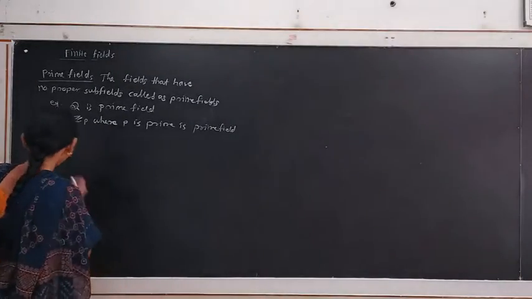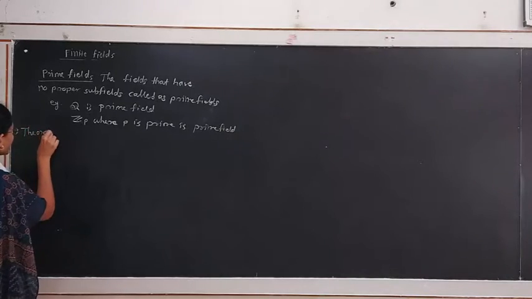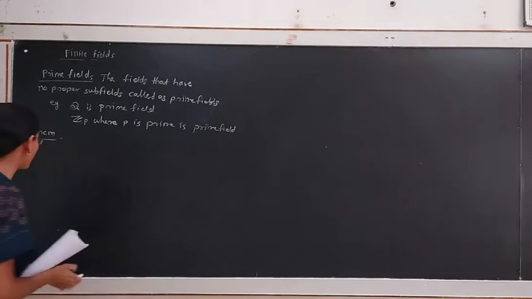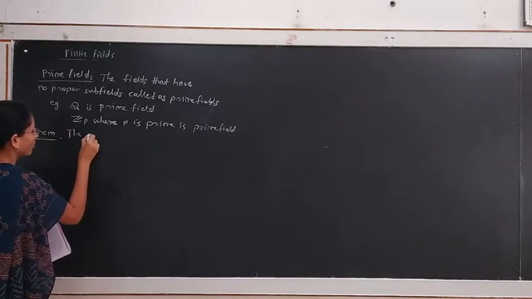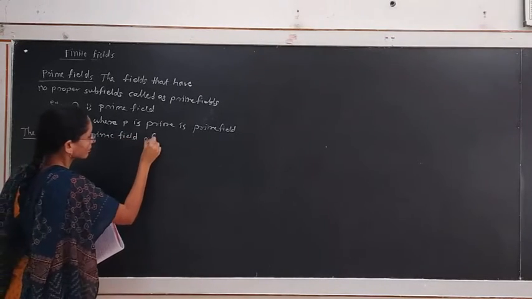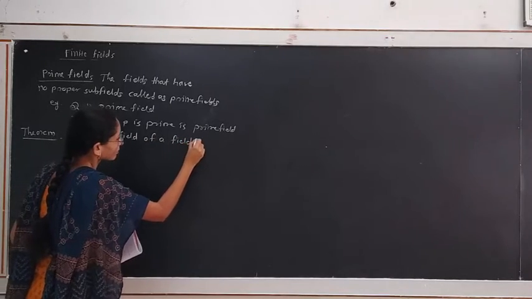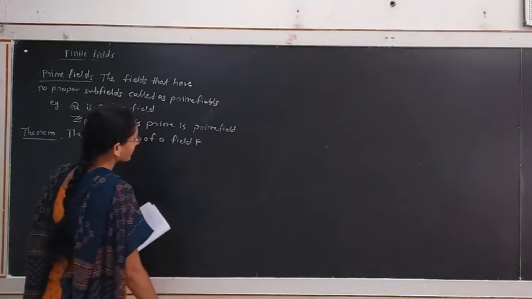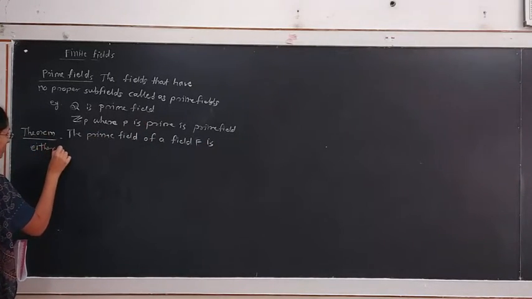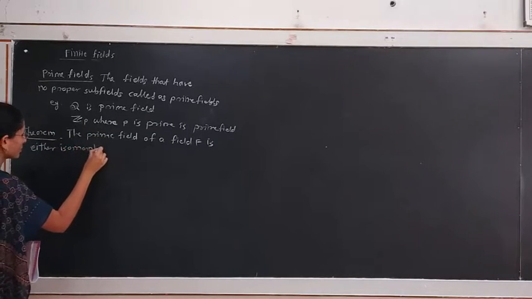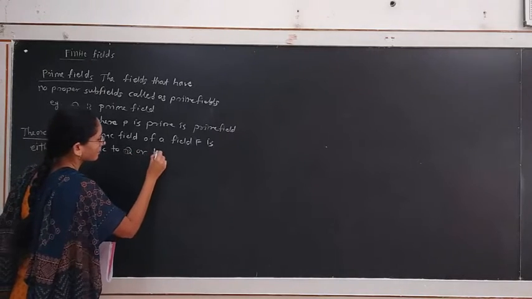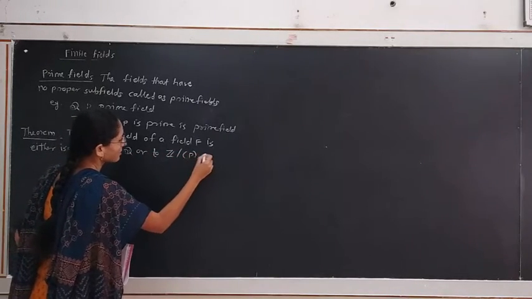We prove one theorem. The prime field of a field F is either isomorphic to Q or to Z_p, where p is a prime.